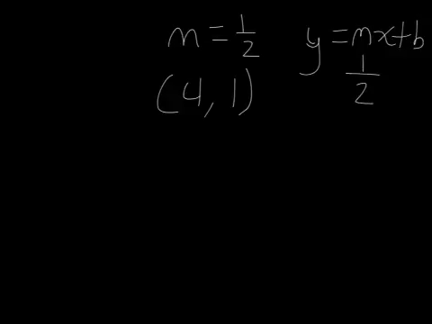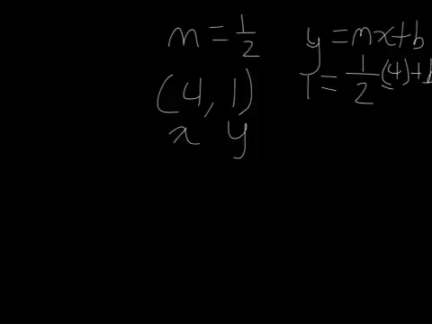However, this time we don't know our b. So in lieu of not having our b, we know that we have an x and a y coordinate, and so we can substitute these x and y coordinates into our equation. So we have an x coordinate of 4, and we have a y coordinate of 1.